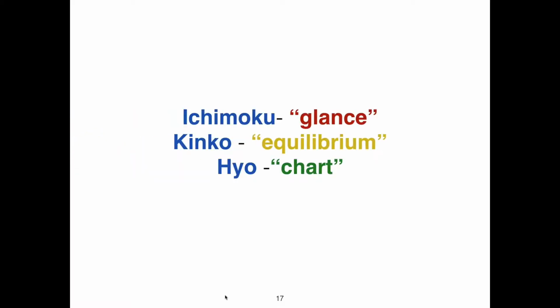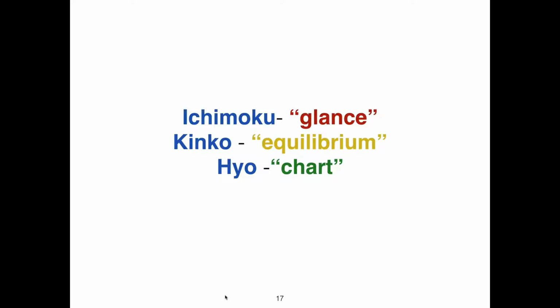Ichimoku Kinko translates to one glance equilibrium chart. Ichimoku means glance, Kinko means equilibrium, Hayo means chart.